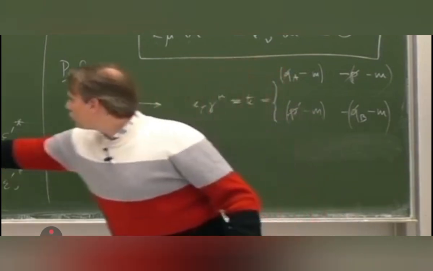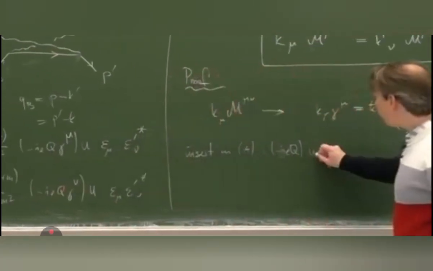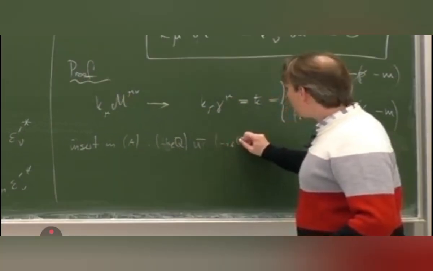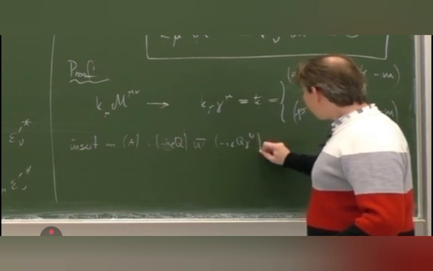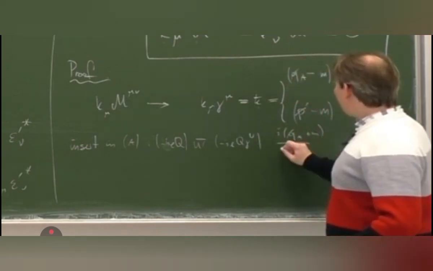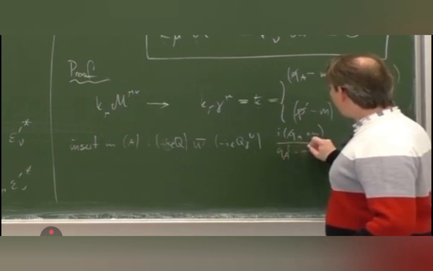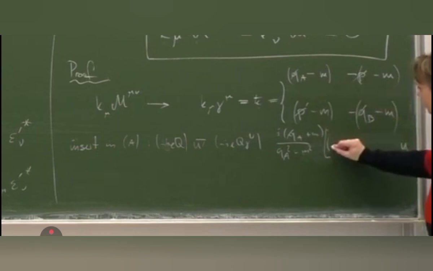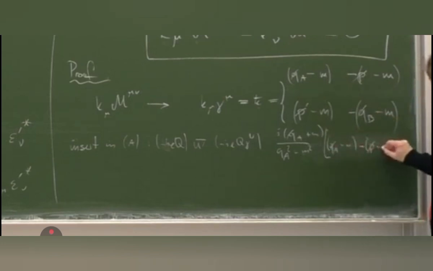This minus ieq is factored out, and then we get u prime bar times minus ieq gamma nu times i(qa slash plus m) divided by (qa squared minus m squared). And here we have u. And now in between we plug in this expression: qa slash minus m minus p slash minus m.